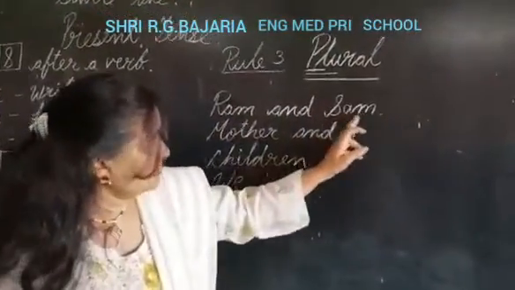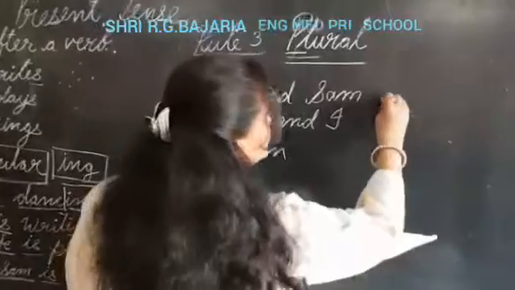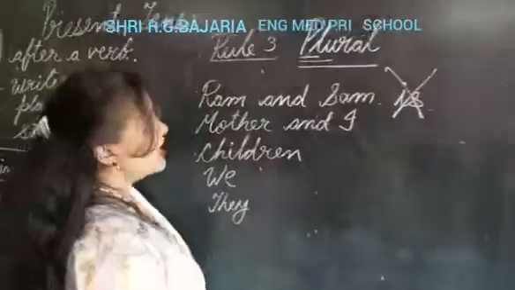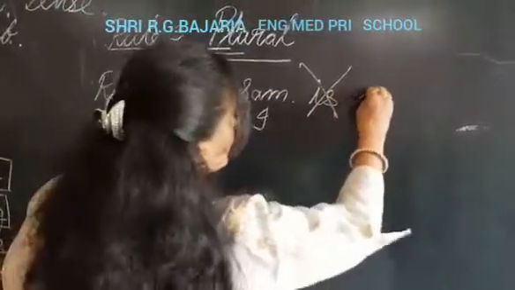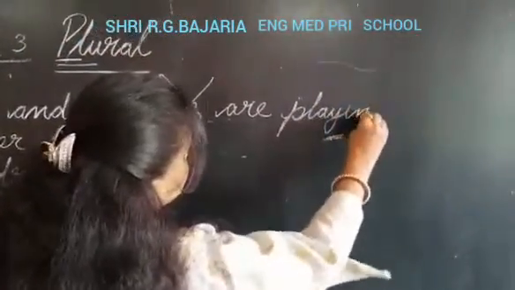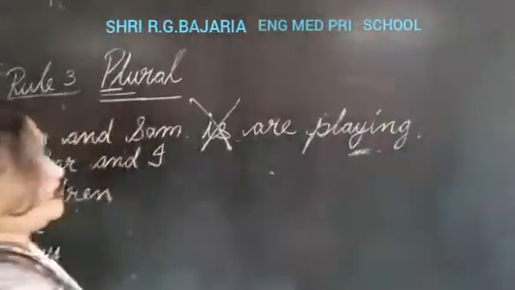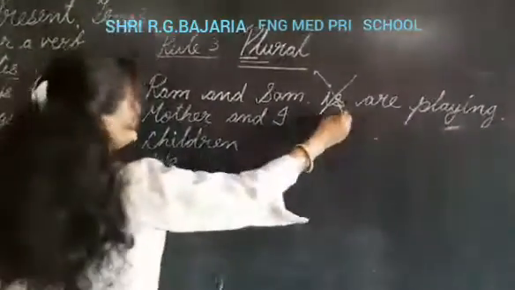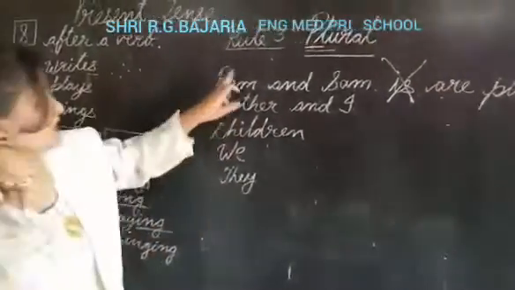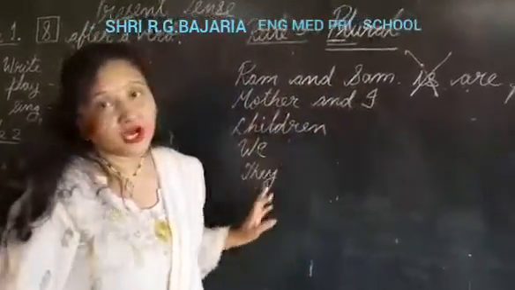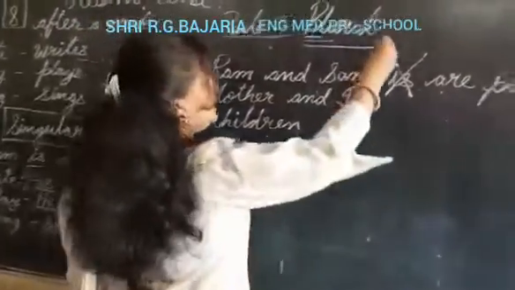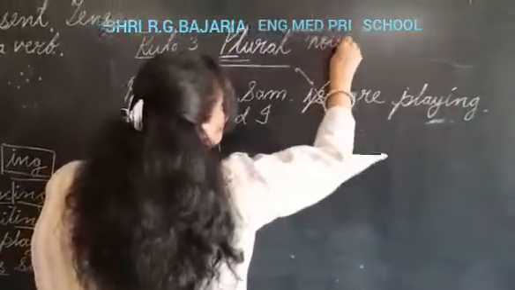Ram and Sam. Here I will not use is. I will say Ram and Sam are playing. Here, instead of is, I will use are because my nouns are plural nouns. More than one.